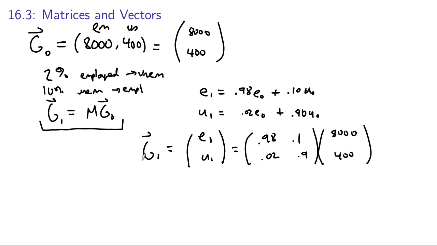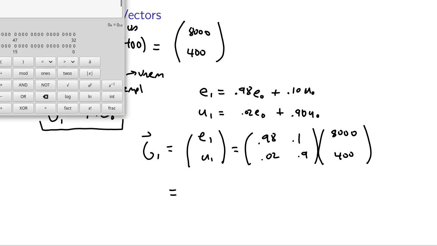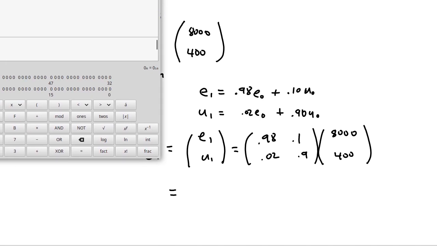So we could find G1 by doing matrix multiplication here. It would be 0.98 times 8,000 plus 0.1 times 400, and we can just pull up a calculator. Remember, we take the first row and the first column.